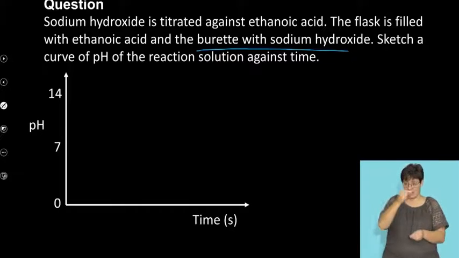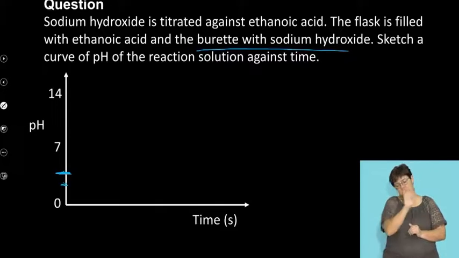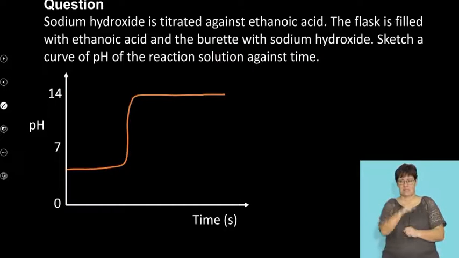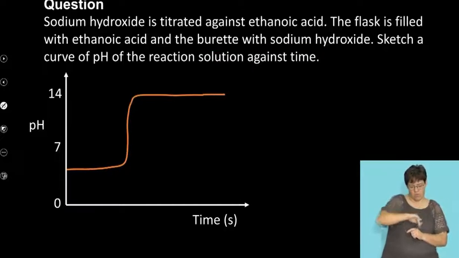Over time, we look at the pH. We have a pH there for ethanoic acid, and a pH for our hydroxide because it's a strong base. And this is more or less how our curve will look.